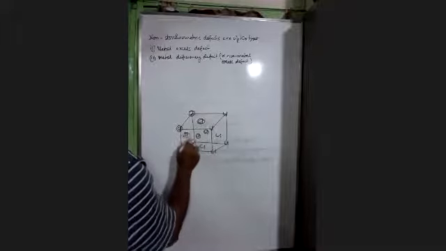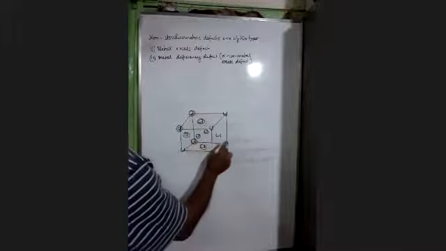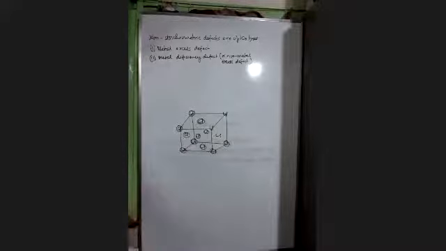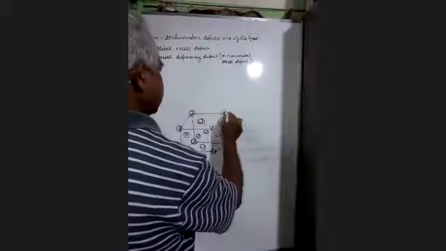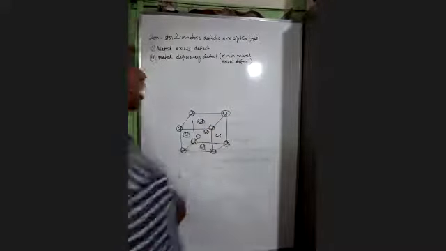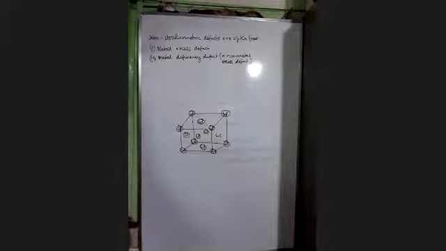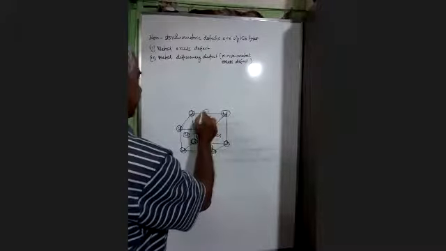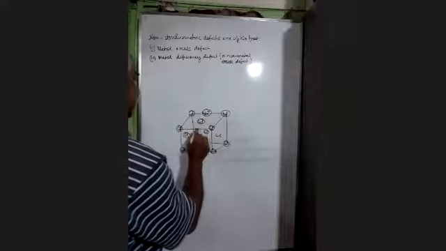Chemistry is very easy, unless you get scared. And sodium is always at the octahedral voids. So where do you have octahedral voids now? At the middle of each edge.